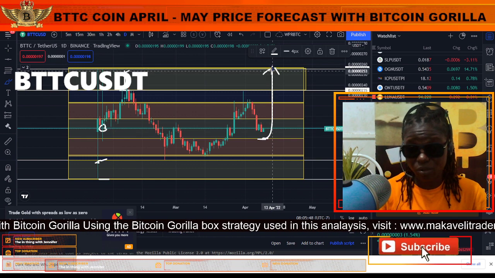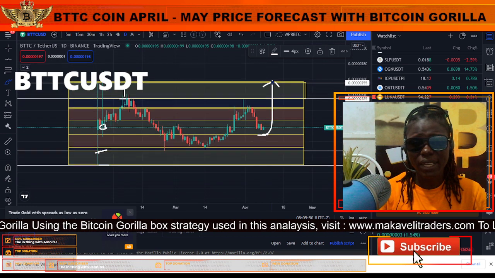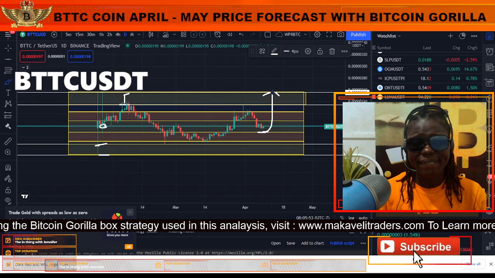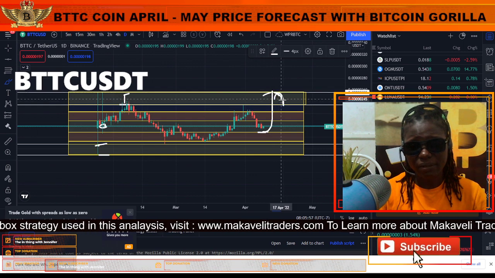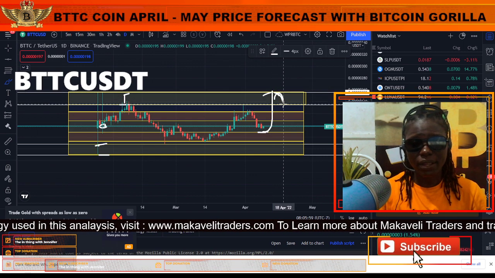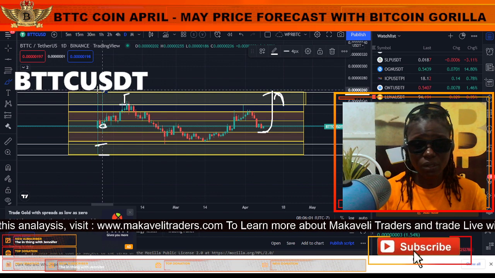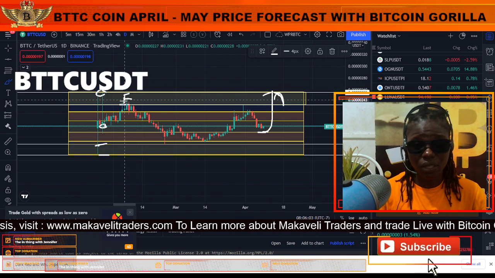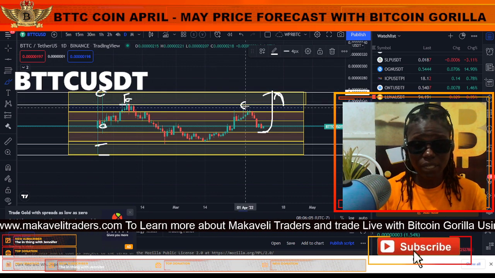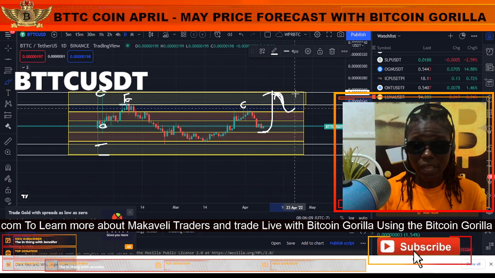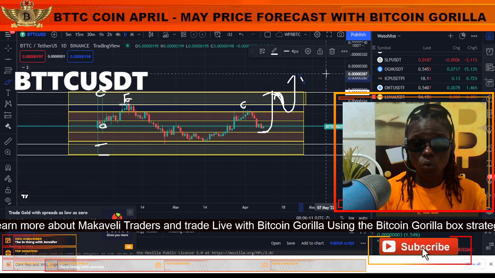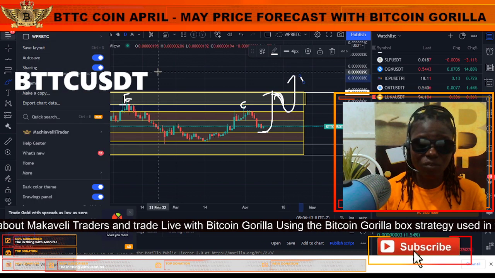I do expect them to return. They could make something like this, right? And then, because this is our first attempt, this is our second attempt, this is our third attempt, this is mostly like our fourth attempt. So they could move like this and they will now break out. So what am I seeing as the target of my breakout?